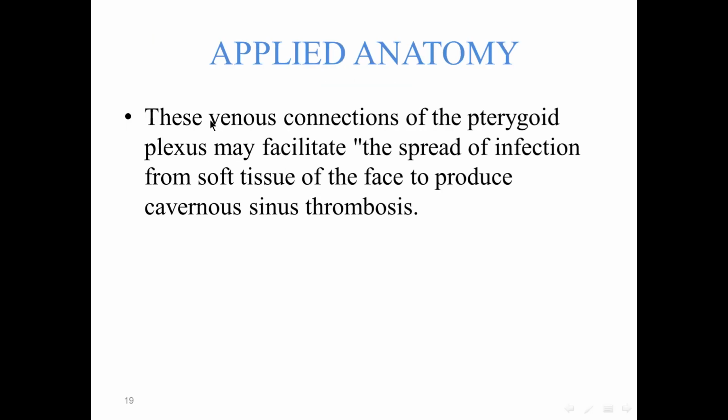As I said, this venous plexus has connections with the cavernous sinus, with the orbit, and with the face, and this connection causes the spread of infection from the face or cavernous sinus. These connections allow infection to spread easily from the orbit, the face, and the cavernous sinus to the infratemporal fossa.